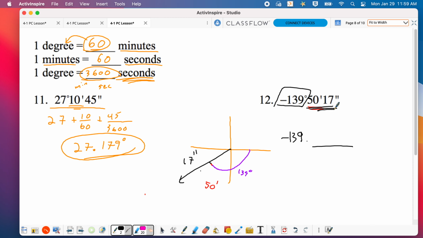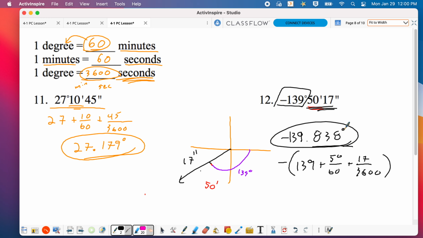So what we should do is make the whole angle negative. If you don't have those parentheses, you rotate it down for 139, and then you rotate it up for the rest of it. So if I rotate down on all of it, I'm going to get negative 139.838 degrees.